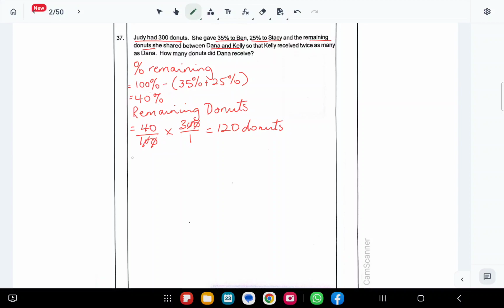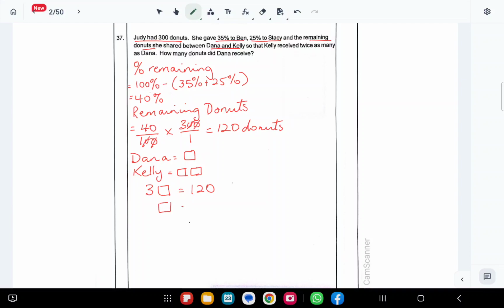So we know now that they said Kelly received twice as Dana. So Dana received some amount and Kelly received twice that amount. So we know now that 3 boxes will equal 120 donuts.